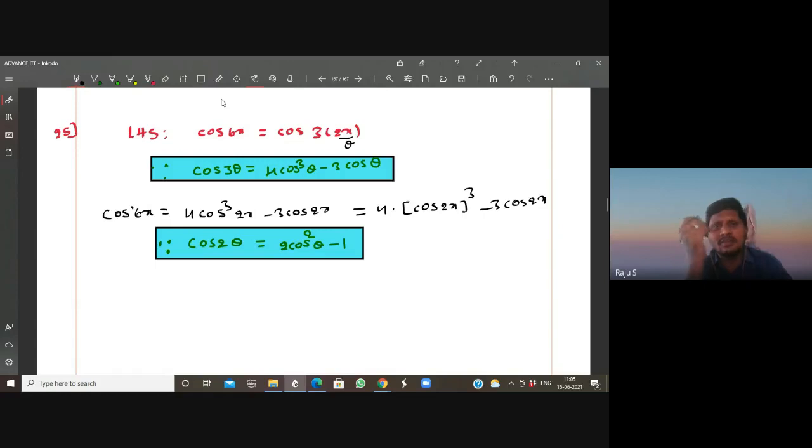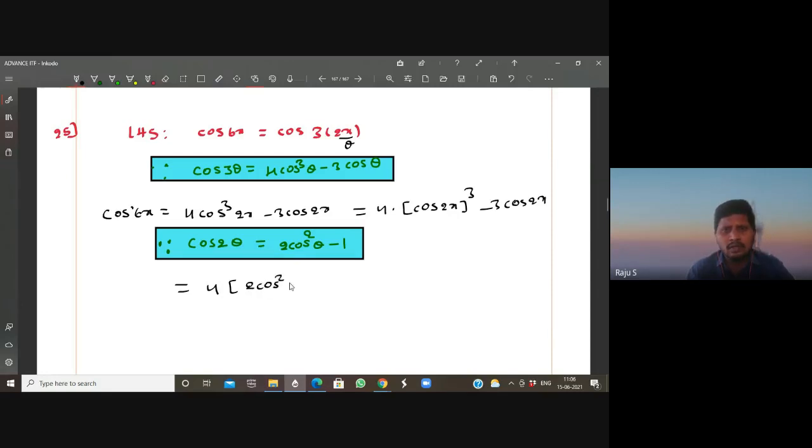Cos square 3x minus sine square 3x. Again, that minus sine square 3x, you can write as 1 minus cos square 3x. So finally 2 cos square minus 1. So we are going to get the same. Like that also you can do. If you remember this procedure, you can go through that. Otherwise, you can write it as 3 into 2x. No problem.